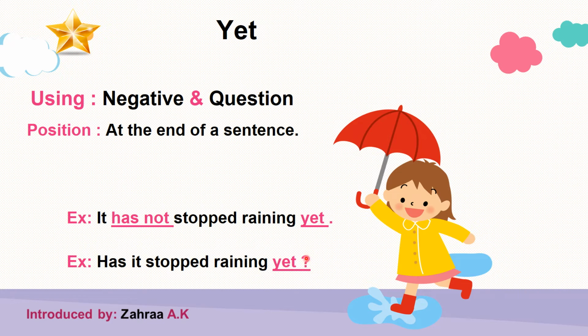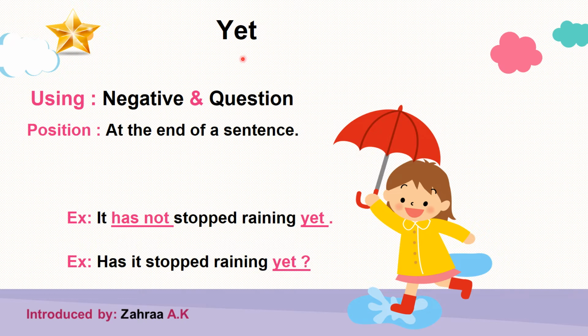The position stays the same, at the end of a sentence, but in the question form. We also use it with the present perfect simple. Has it stopped? باعتبار صيغة السؤال الفعل المساعد يتقدم على الفاعل, then comes the past participle of the verb. Yet is at the end of a sentence but in a question way. So the meaning of yet is until now.